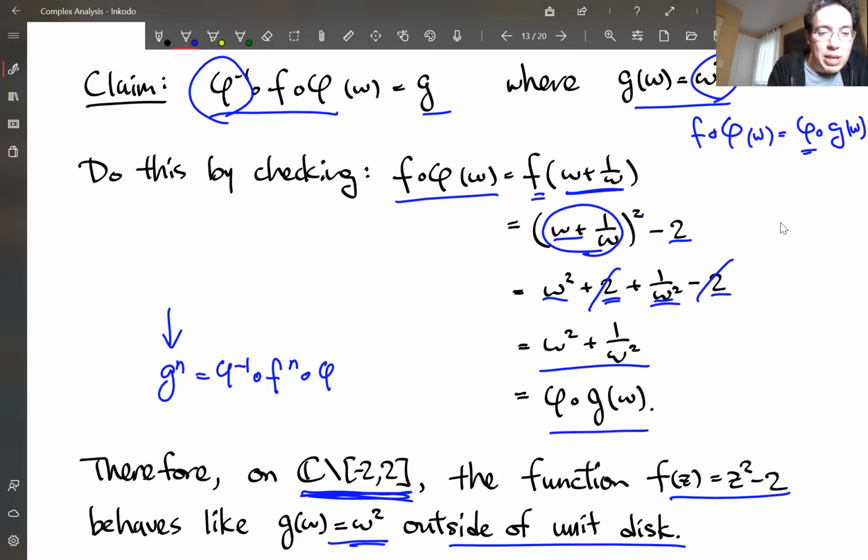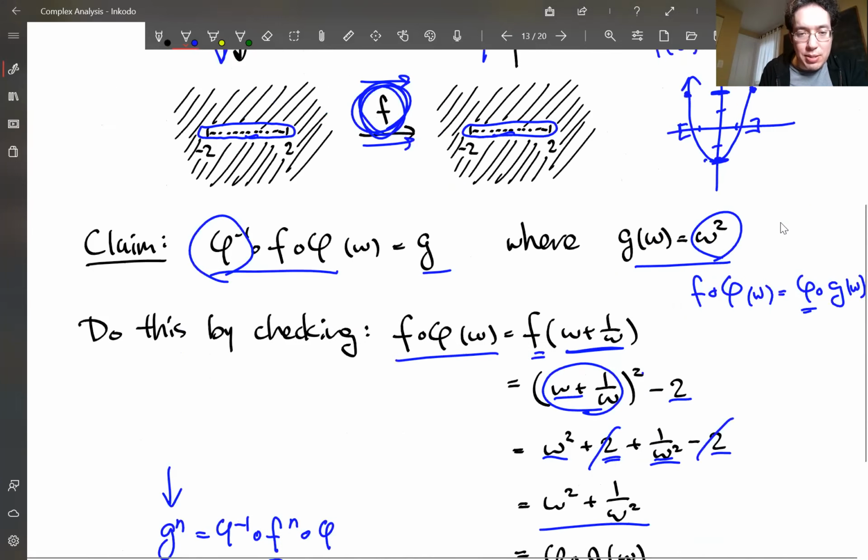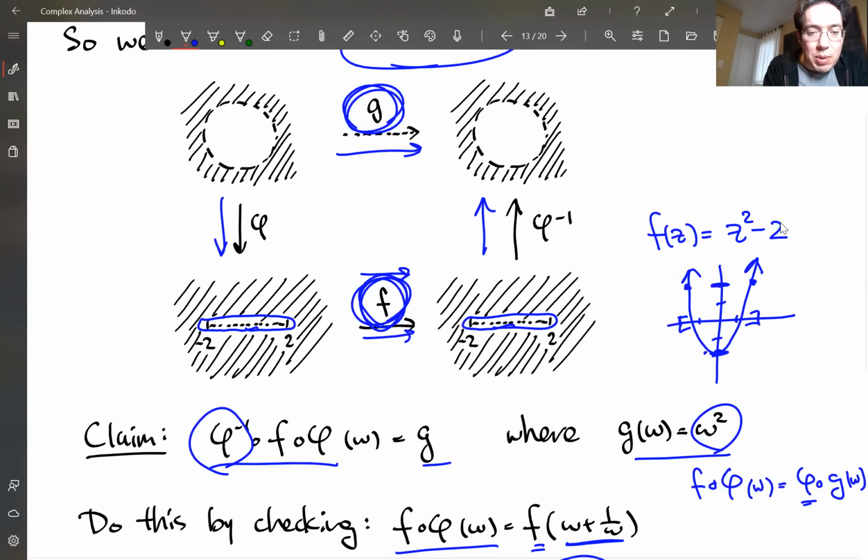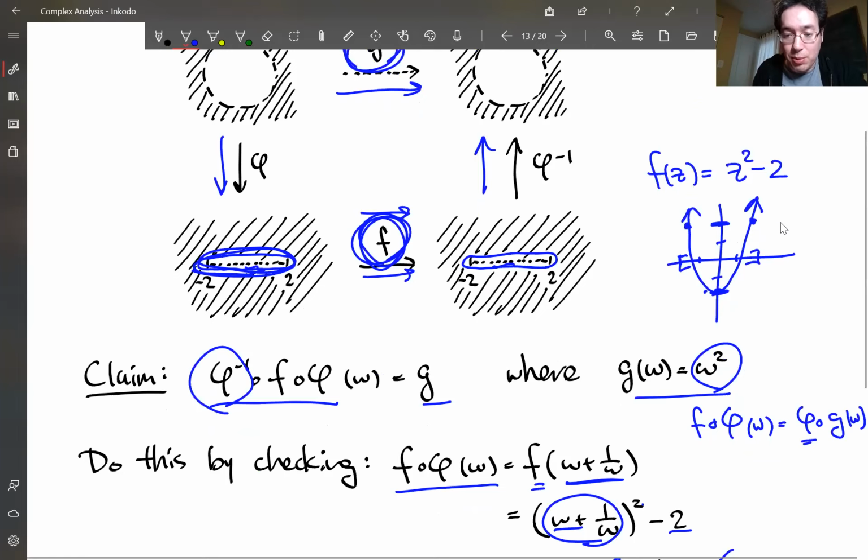So if this behaves like everything outside of the unit circle blows up to infinity, that translates to everything outside of this line segment from -2 to 2 blowing up to infinity. So the only thing that doesn't blow up to infinity is this line segment from -2 to 2.